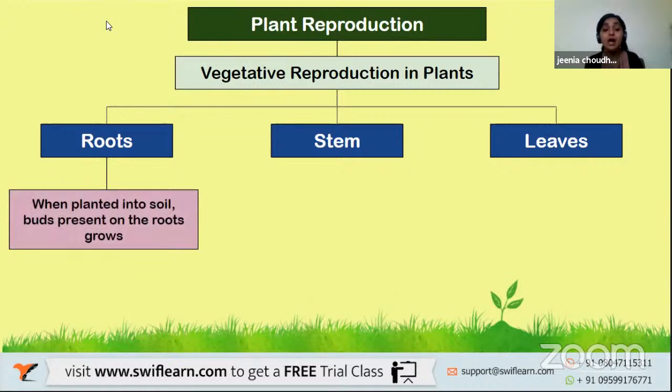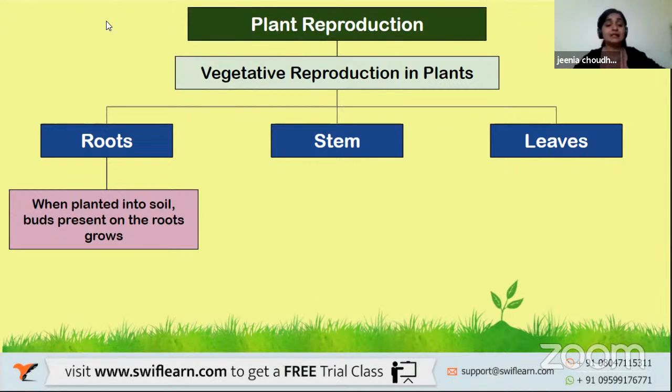Now, which plants, when planted into soil, grow from buds present on the roots? If you have ever heard how potatoes are grown, they use the same potato. They keep some small potatoes when the new crop appears, saved for a few months, until buds turn up on them.